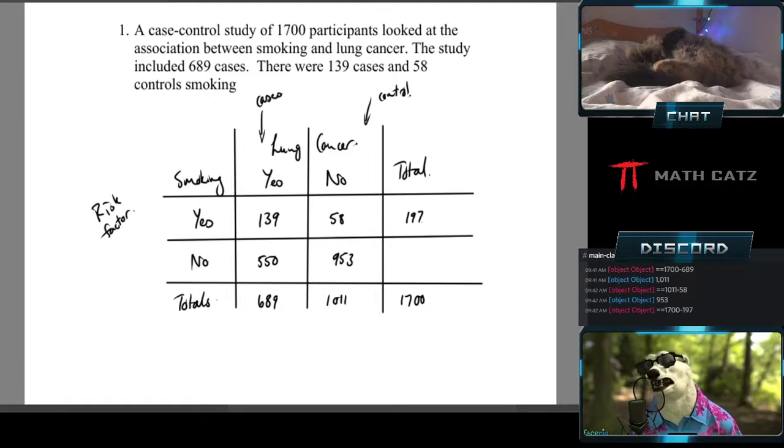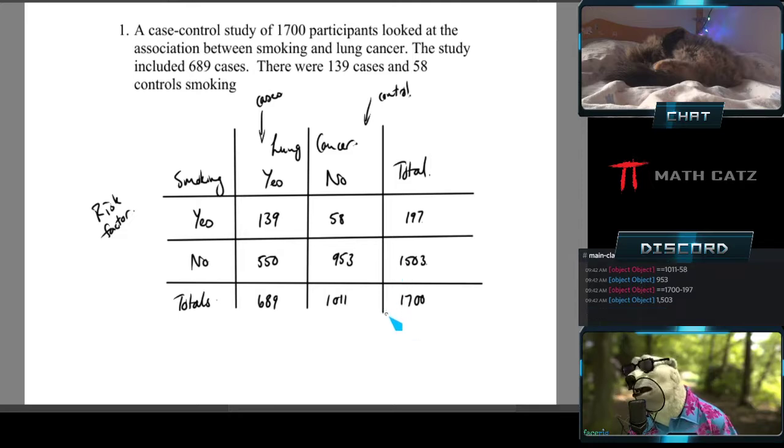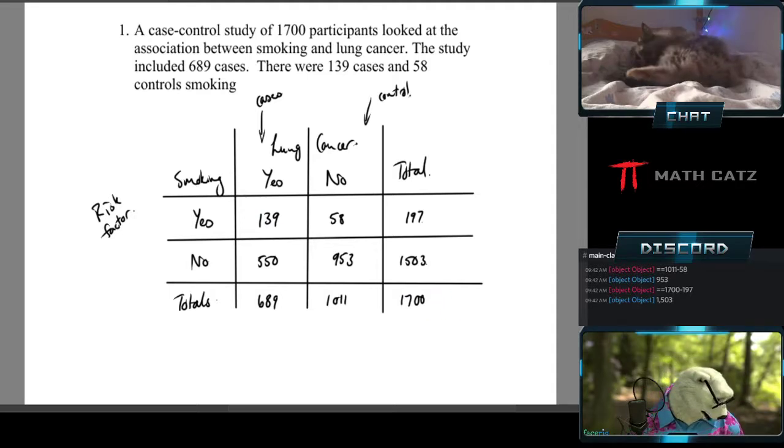Now, we could be investigating lung cancer here in a specific age group, in a specific area. Who knows, right? Those things aren't explained. So I'm just systematically filling in the missing numbers based on the totals that I have. Hopefully that made sense as I did it, showing the calculation as well. Not super difficult.